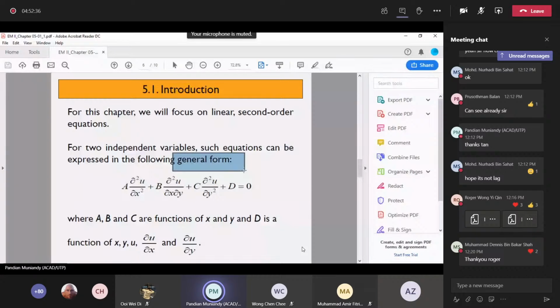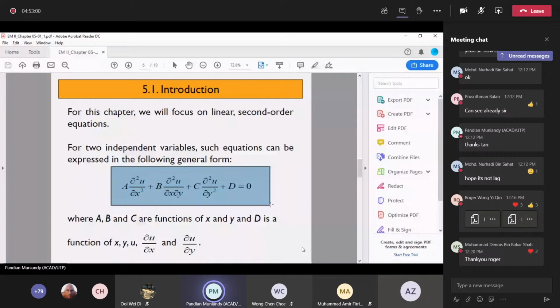But the form of PDE is like this. This is a shortcut formula. What do you mean by shortcut formula? A, capital A, del squared u del x squared, plus B, del squared u del x del y, plus C, del squared u del y squared, plus D equals 0.